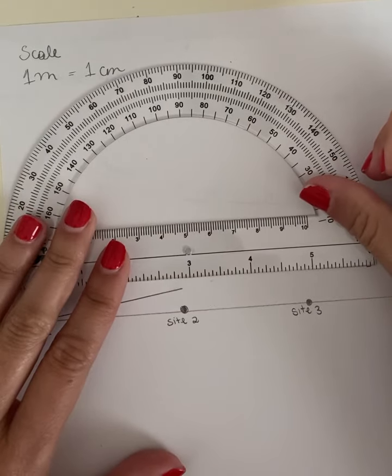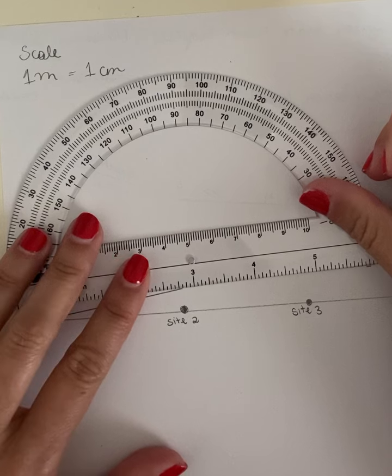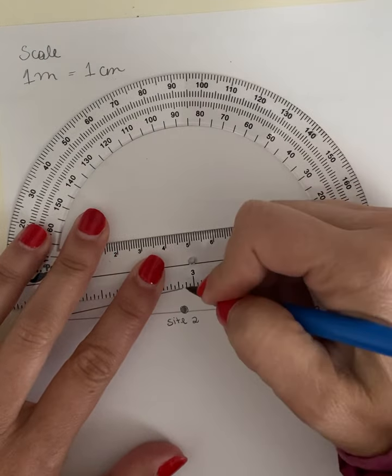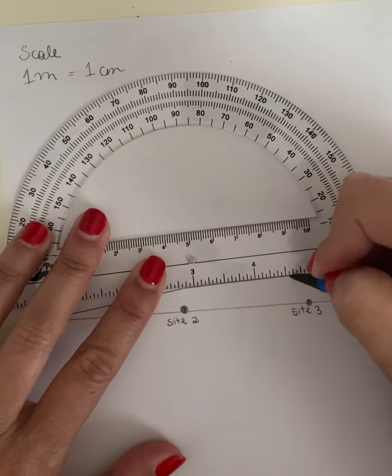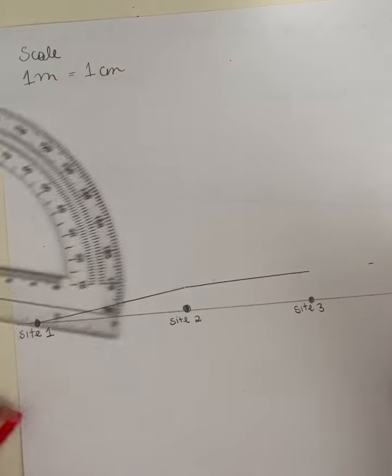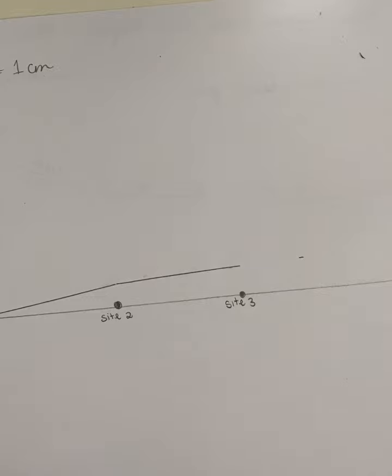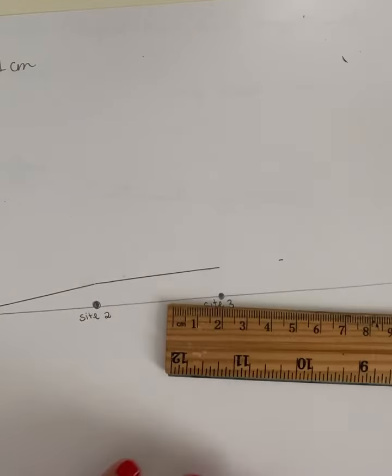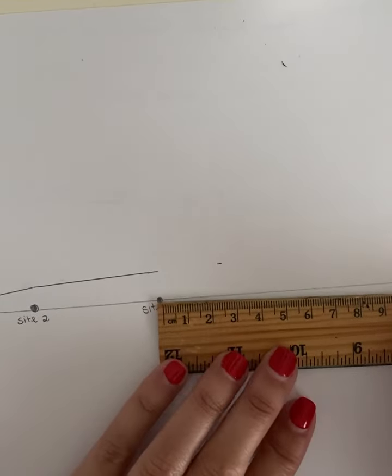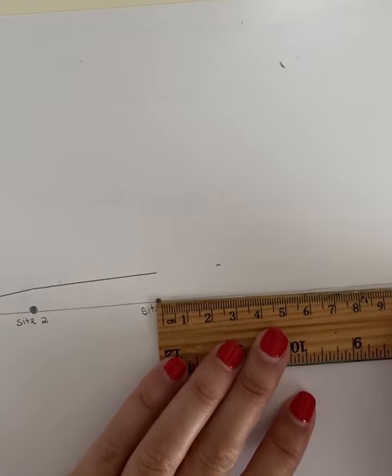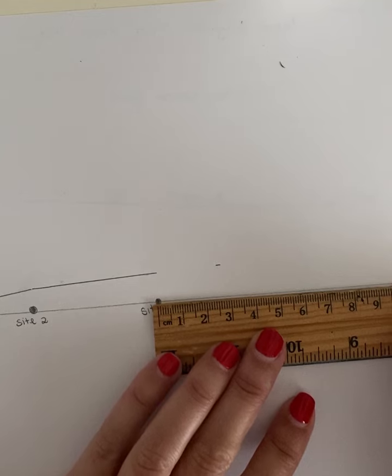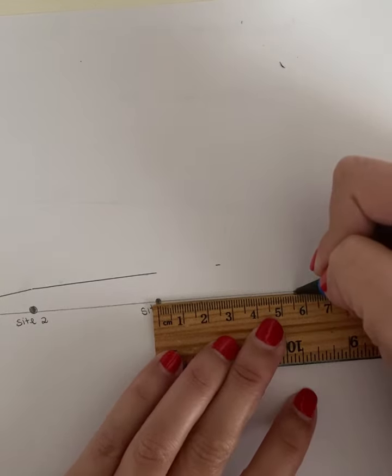So then I draw my profile up to this angle to side 3. Then side 4 and side 3 were 5 meters and 60 centimeters apart. So that would be right here.